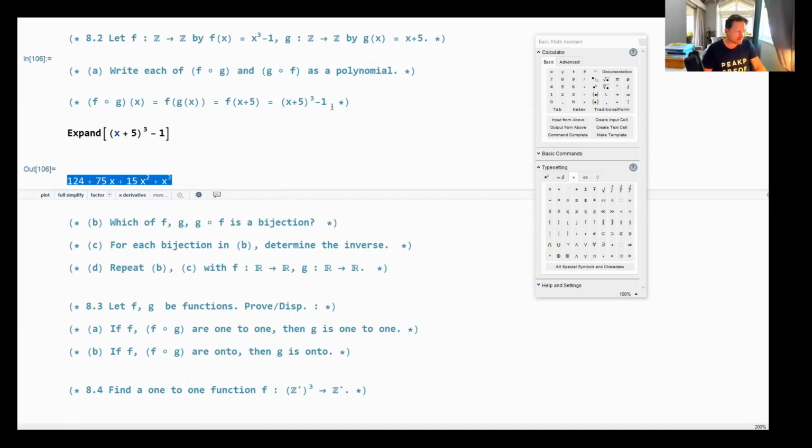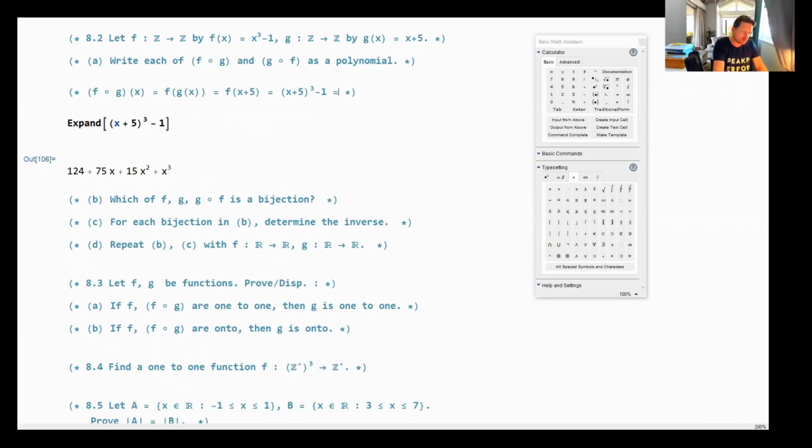So now we can come up here and write that it's this. And hey, why don't we just reverse it manually here, so it looks nice. Okay, and then we've got plus 75x, and then plus 124. All right, good. So we've done that job. Space it out so that it's easy to look at.